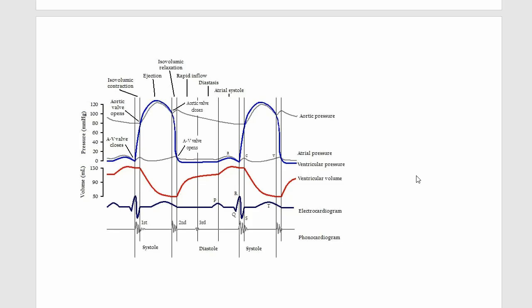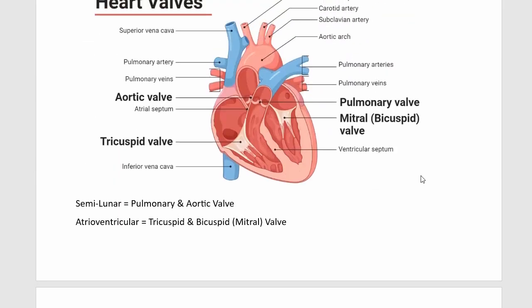Ventricular systole is the point at which the ventricles are contracting, pushing blood into the arteries. So whenever you hear someone say systole by itself, they are most likely referring to ventricular systole, unless it otherwise states.